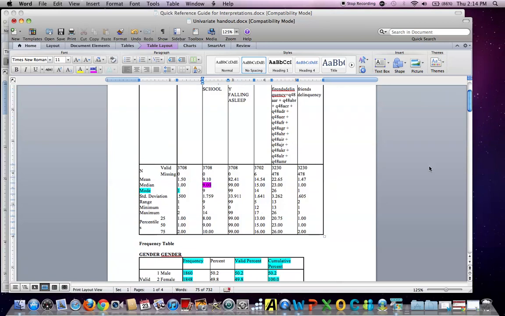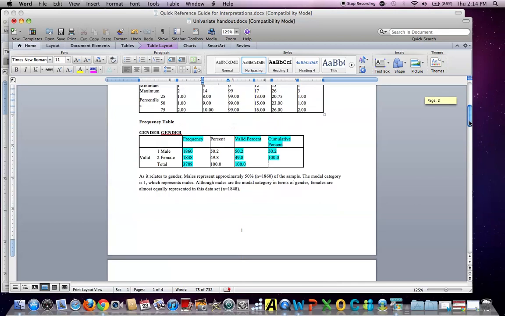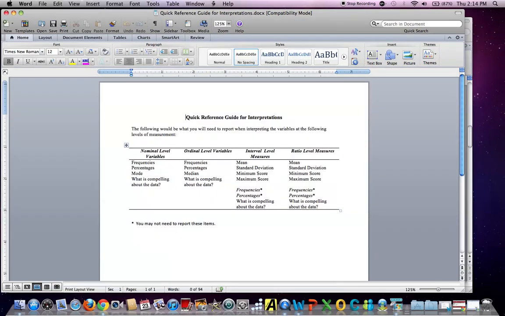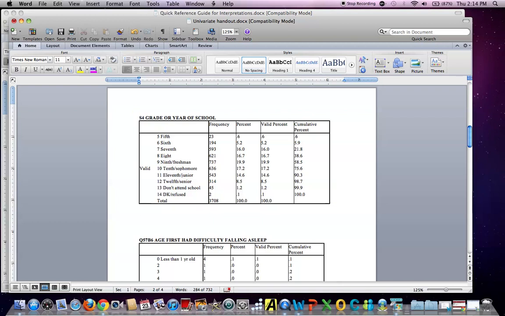So we know from our quick interpretation guide that we're going to do frequencies, percentages, and median. The median represents 9, which is the ninth grade or freshman category. So that's the middle of the distribution.